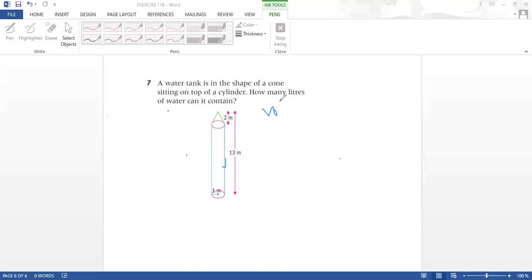So the volume will be given by volume of cylinder plus volume of cone. The volume of a cylinder is given by pi r squared h. Volume of a cone is given by 1/3 pi r squared h.